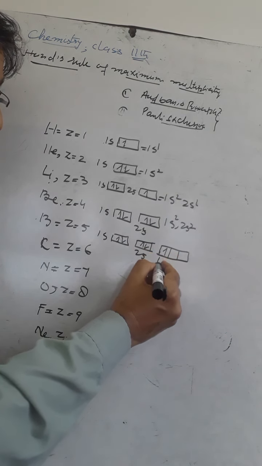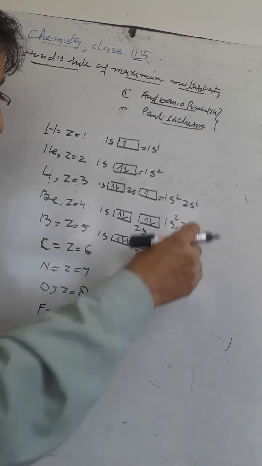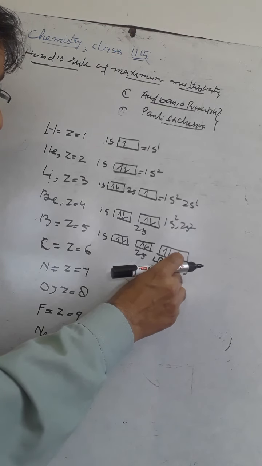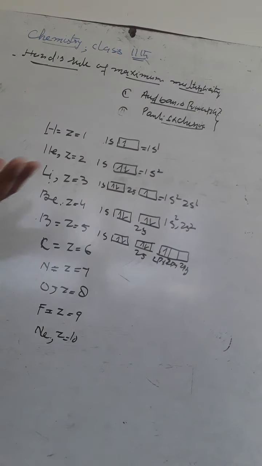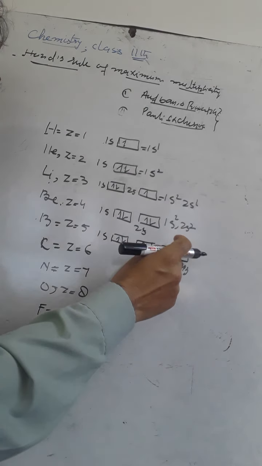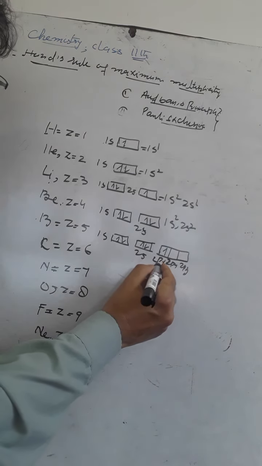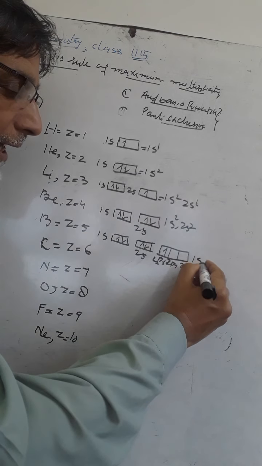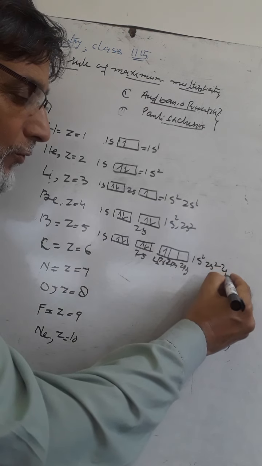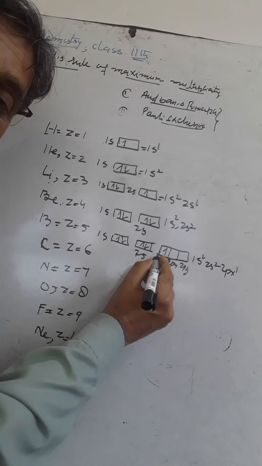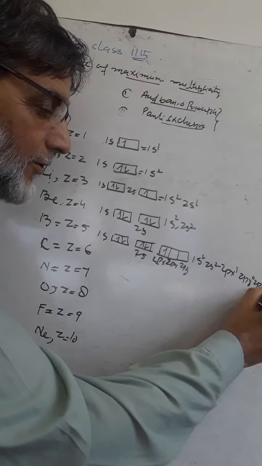As we have 2px, 2py, 2pz, they are orbitals of the same subshell, degenerate orbitals with the same energy. As such, we can fill this electron in any one of these three orbitals, but commonly we start from 2px. So its configuration is 1s2 2s2 2px1, 2py0 and 2pz0, right?